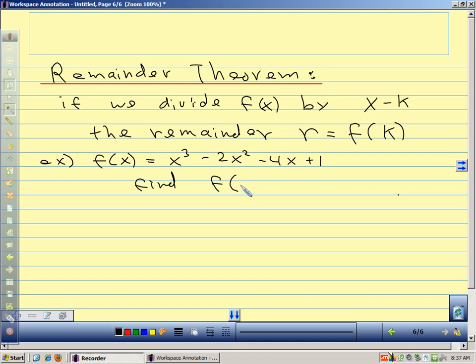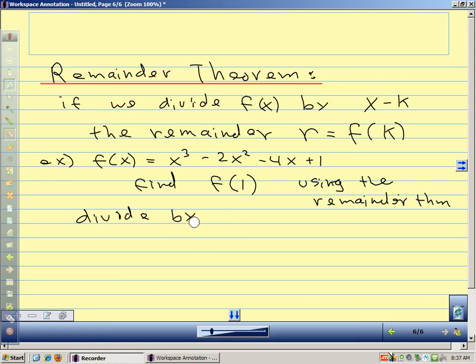Now we could plug it in and calculate, but we want to find f of 1 using the remainder theorem. So to find f of 1 using the remainder theorem, I'm going to divide by x minus 1. And the remainder will be f of 1.